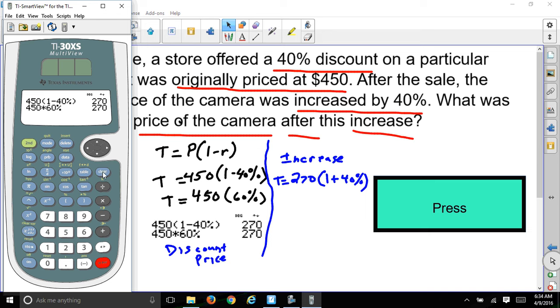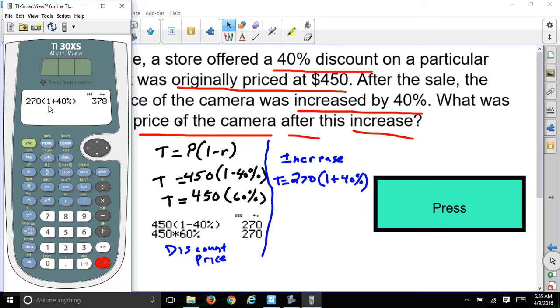And let's clear this. So $270, parenthesis, and it's an increase, so that's why we're adding. It's like a sales tax, a percent increase. 40%, second left parenthesis, close parenthesis, and press enter.